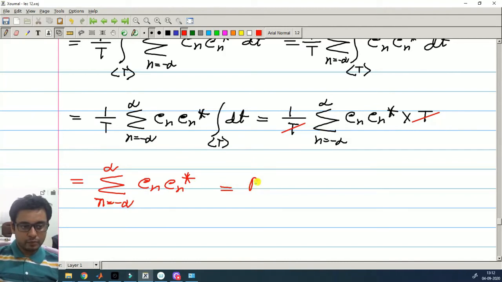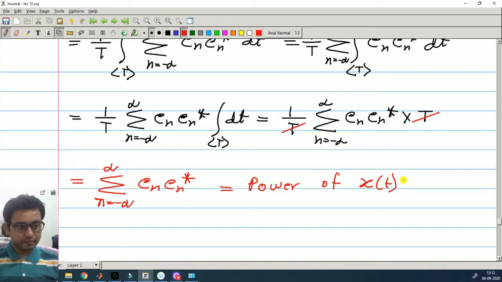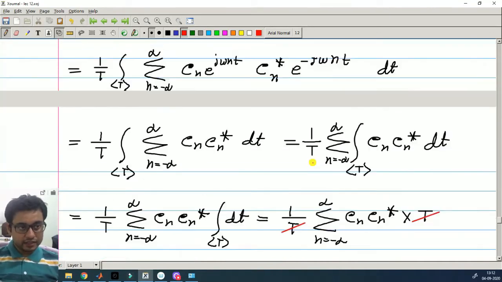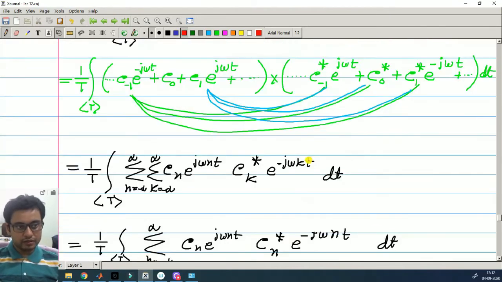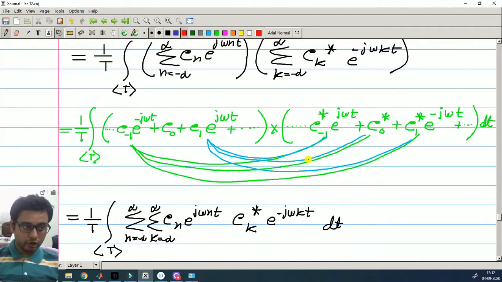This is the average power over a cycle of x(t), and this is true because when you multiply this series of terms with this series of terms, most of them become 0.